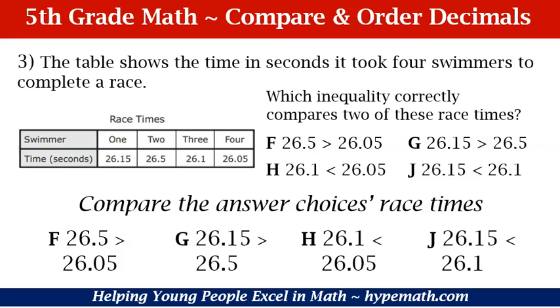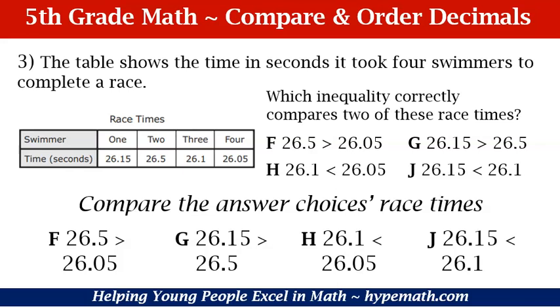So now let's look again. We see that F says 26.5 is greater than 26.05. Our decimals are lined up. We see that the numbers are the same in the tens place and in the ones place, but in the tenths, with the T-H-S at the end, are different. We have a 5 and a 0. Which number is larger? And that's what we need to do for each answer choice, okay? So F again says 26.5 is greater than 26.05.